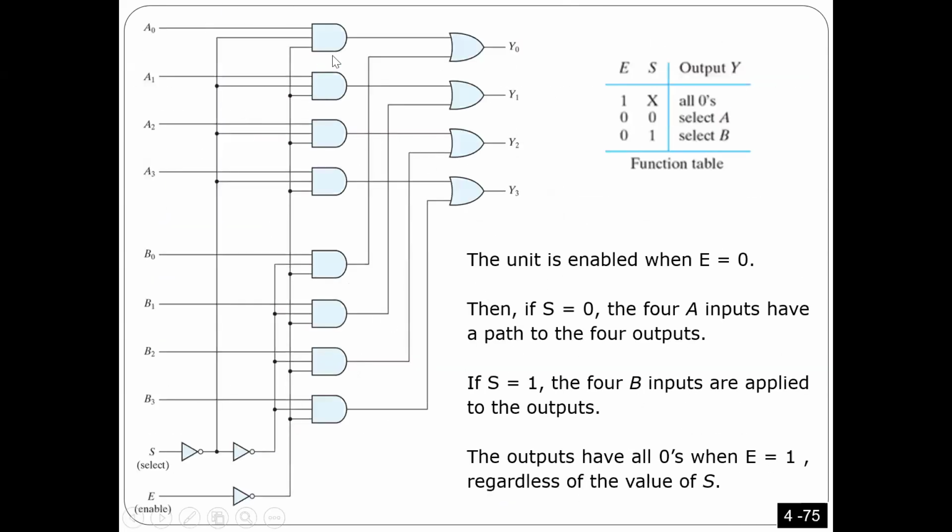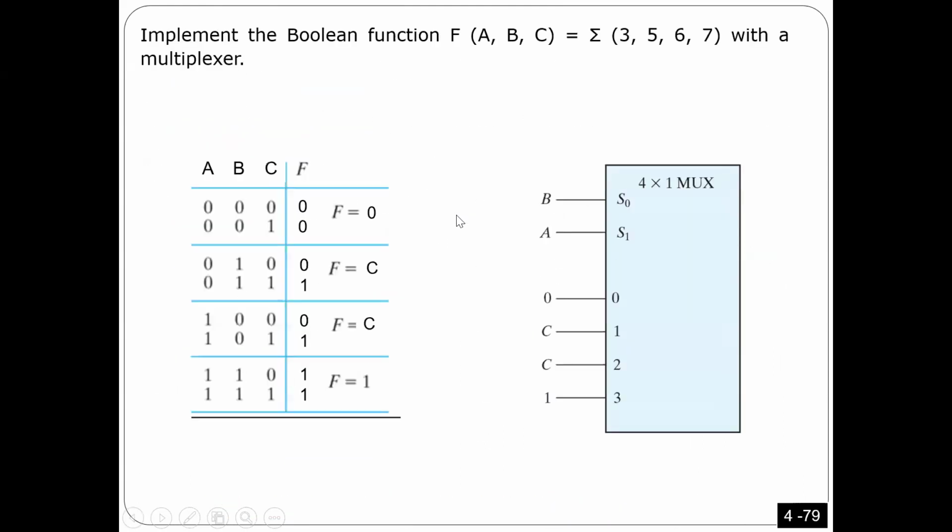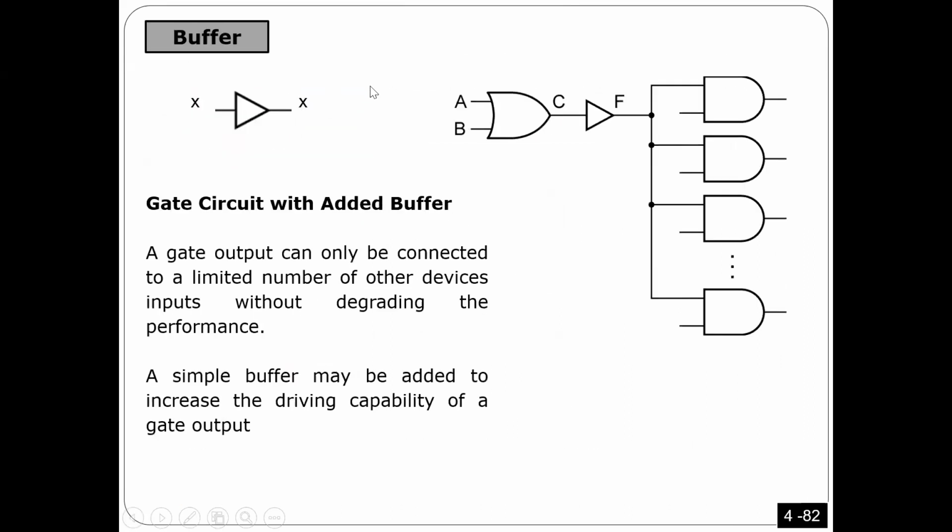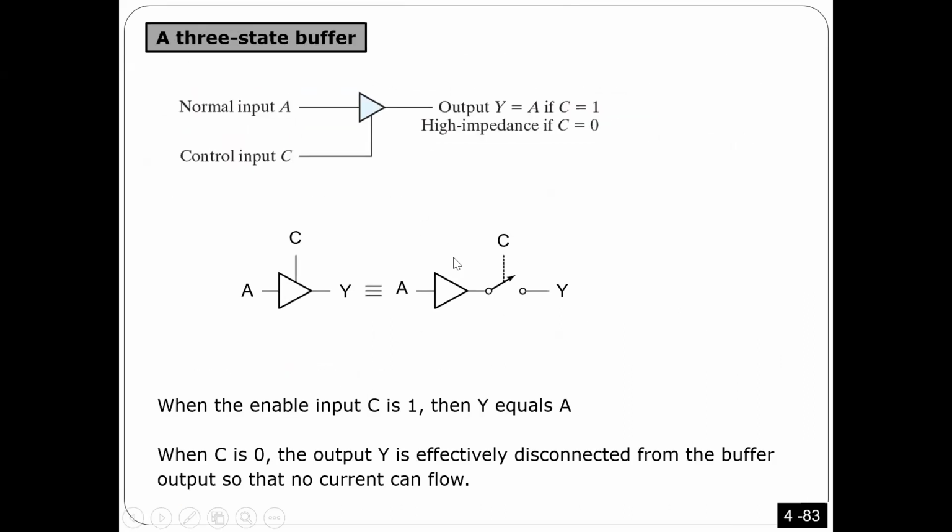So here I explained how we can use AND gates to make a multiplexer. The last part is how we can use buffers to design a multiplexer.